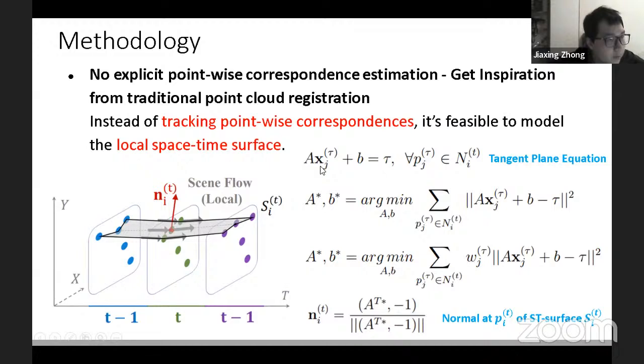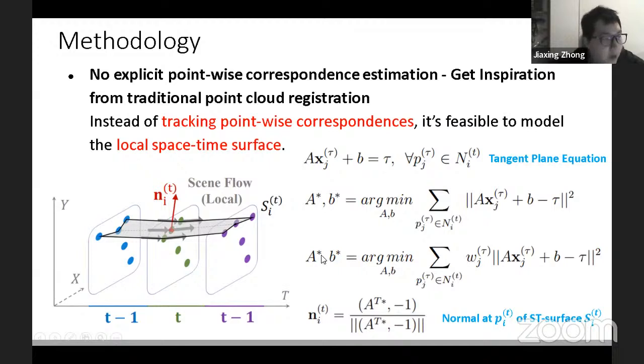We use a surface equation to fit these points well, and we use the least square solution to get the optimal coefficients.